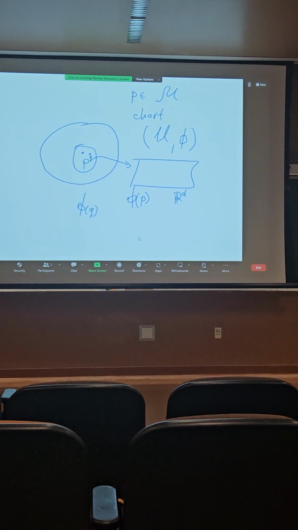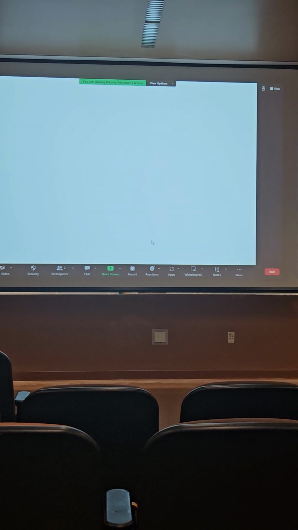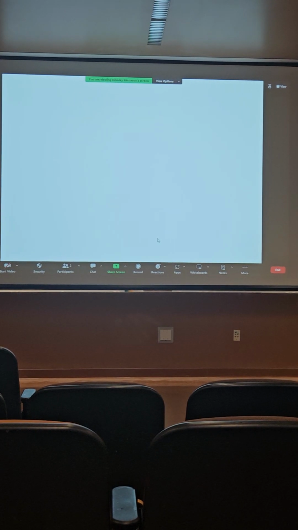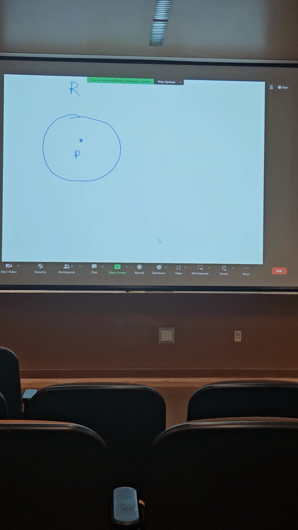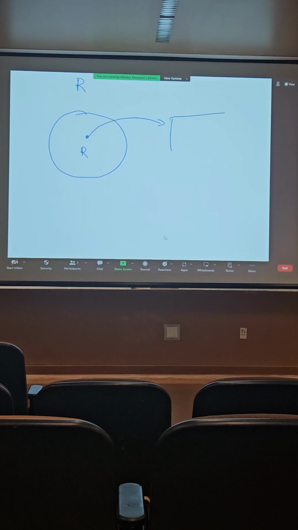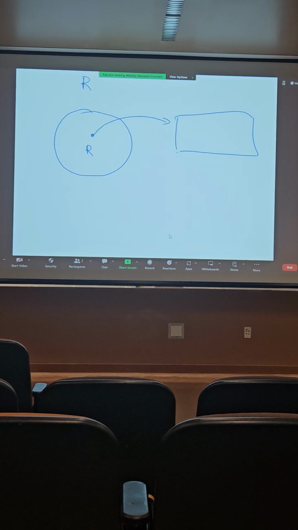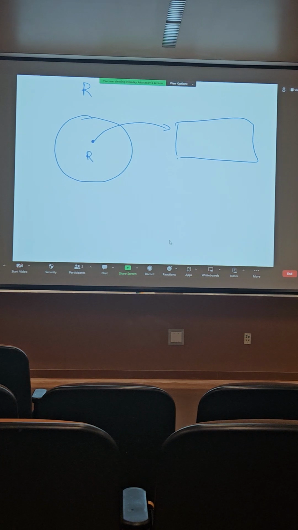So let's do this in the context of Lie groups because it's a little bit easier. For Lie groups, you can define, let's even do it for rotations because I think it's easier to understand. Let's say we have some rotation R. We can find the associated flat space, and it looks like this. Let's see what the coordinates are.